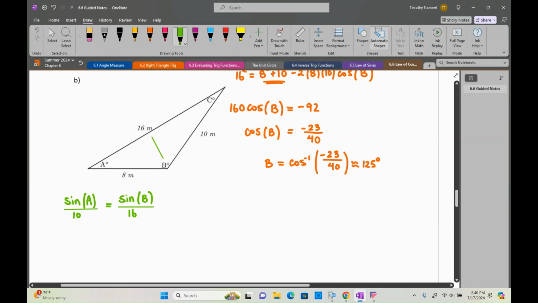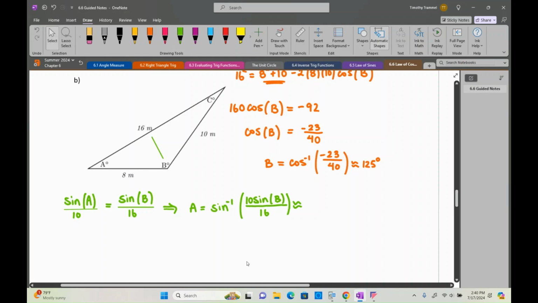So again, we're trying to solve for A. You're going to want to multiply both sides by 10 and then take sine inverse of each side. A is equal to sine inverse of 10 sine of B, all over 16.